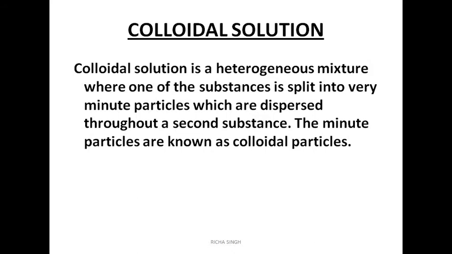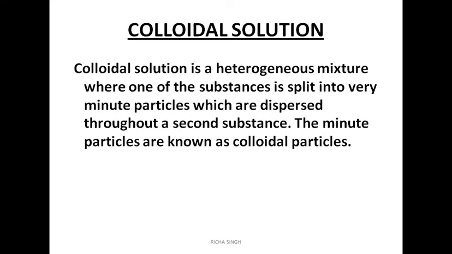Let's move on to colloidal solution. Colloidal solution, again, is a heterogeneous mixture where one substance is mixing up into another one. But the size of particles which are mixing up is very minute. And these minute particles are known as colloidal particles. And the whole composition is known as colloidal solution.